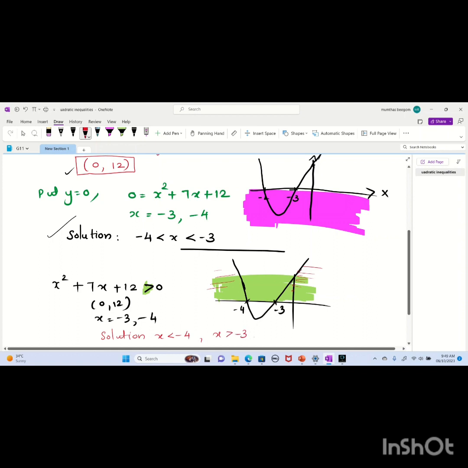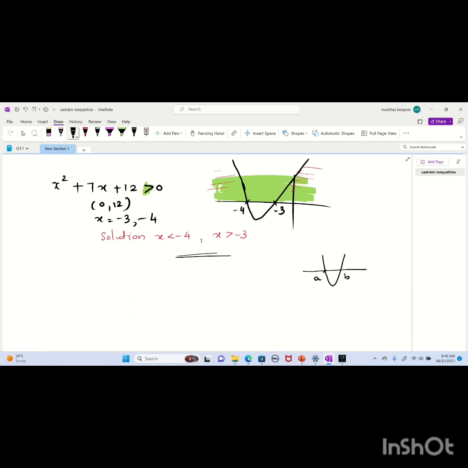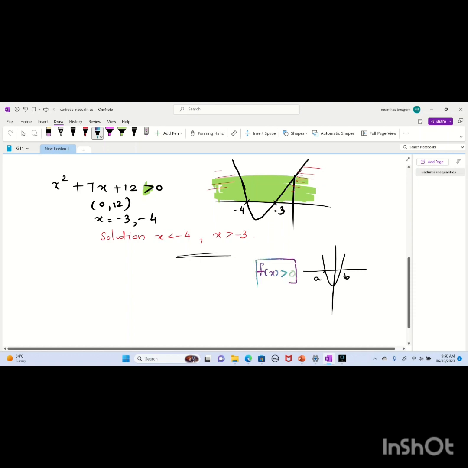Okay. So in another way, in general, other than this question, we can say if we have a U shape, and from the point A to a point B the curve is below the axis, and we have to find the f(x) greater than 0 region, so f(x) greater than 0 happens in this region, right?